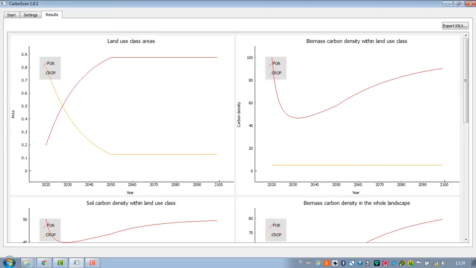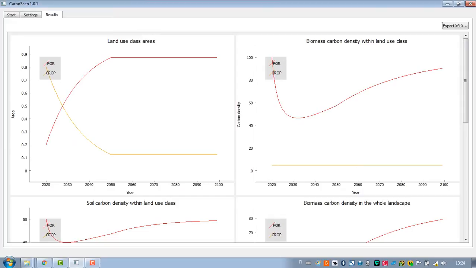Okay. So what are the lines? Yeah, you can see there are 2 lines in most of these graphs, for example in the first one, and you can see the acronyms for forest and cropland in the legend. Forest is the darker color, the orange or red maybe. The line in red describes the area that is forest.